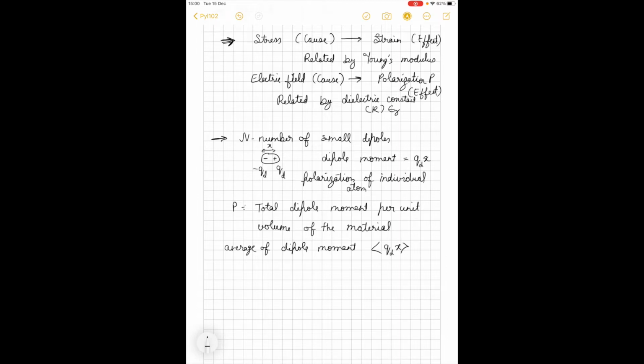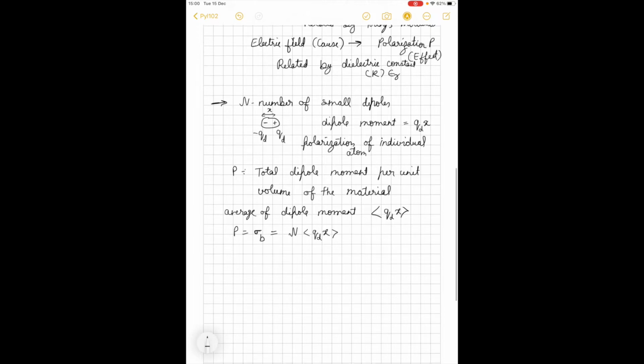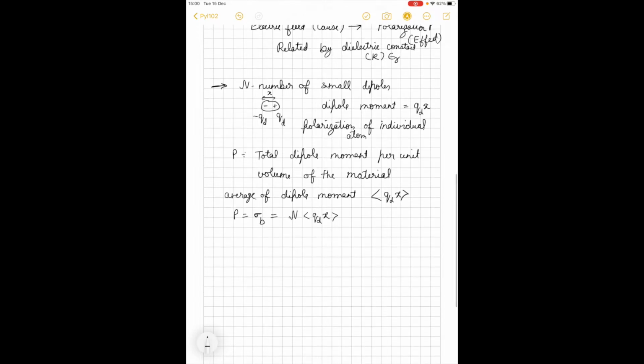So P, from the first definition, is equal to the bound surface charge density, sigma b, which is equal to n times, because the number of small dipoles is n, multiplied by this average dipole moment, QDx. Okay, so this is the second definition of P, the dielectric polarization.